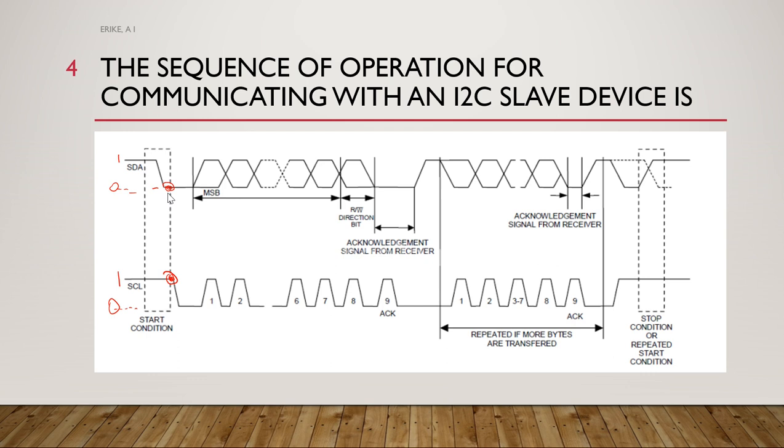Now during that time, the master first of all sends the 7-bit or 10-bit wide address of the slave device to the slave device. It sends an address to the slave device, alright? It is the device which it wants to communicate with.